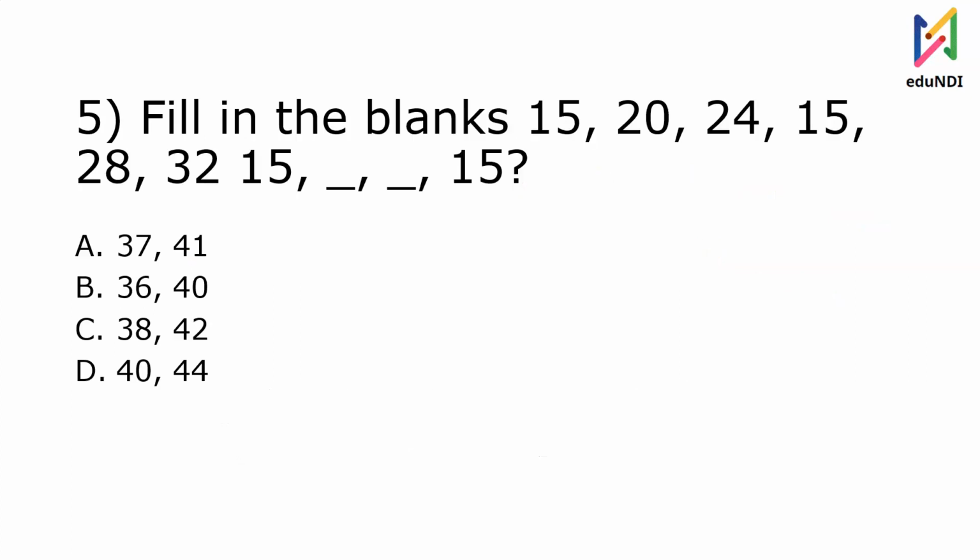Right? So let's see the next one. Okay. You have 15, 20, 24, 15, numbers are getting repeated. So what is the first conclusion that you draw? The number 15 is getting repeated. Right?